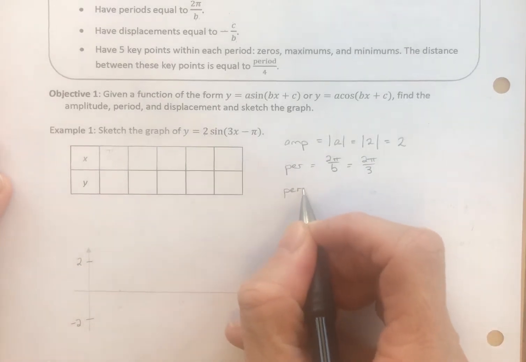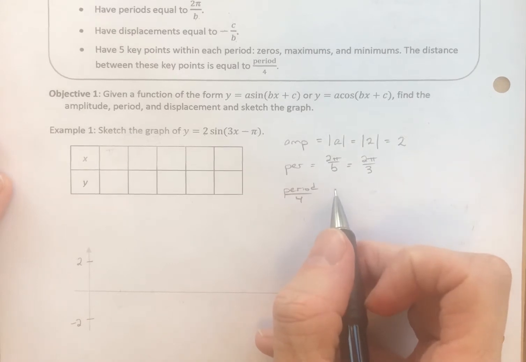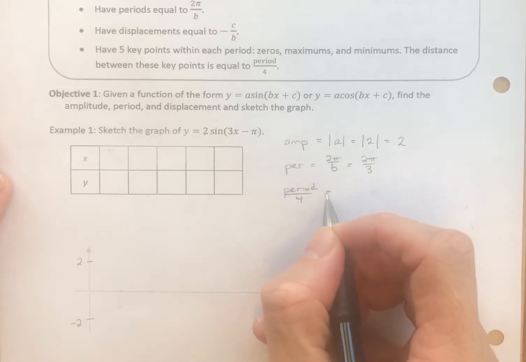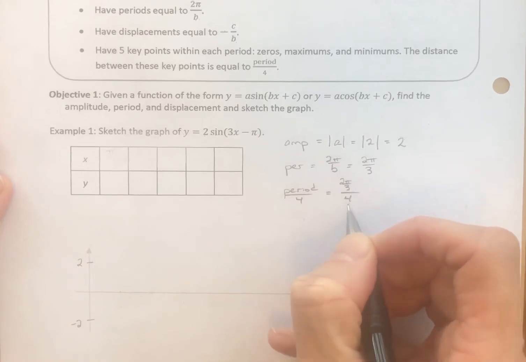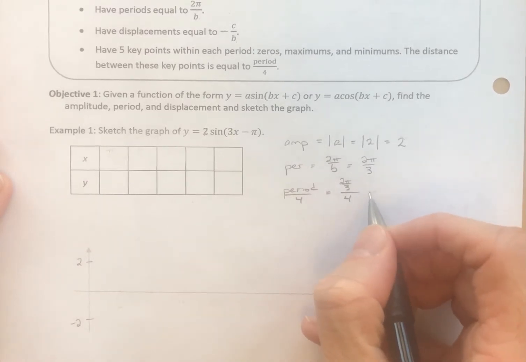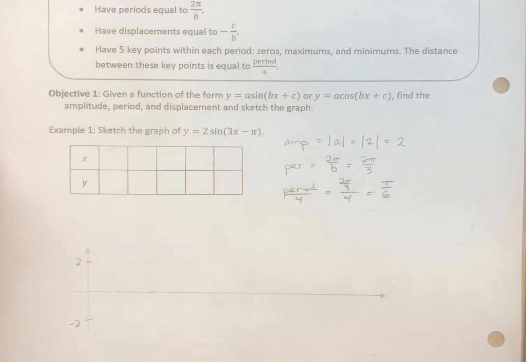Okay, the period divided by 4 gives us the distance between the key points. The period is 2 pi over 3 divided by 4, and that will be pi over 6 if we do that math.